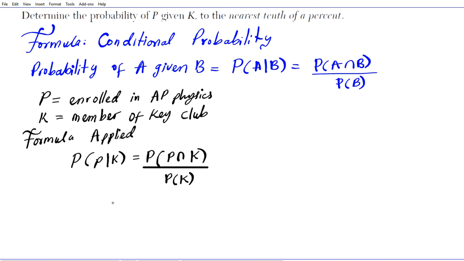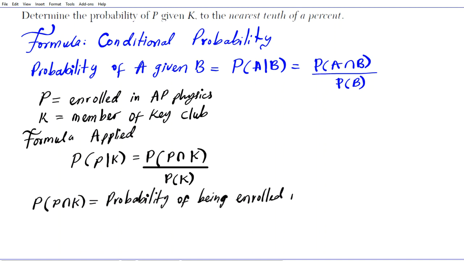Alright, so let's list what we know. We need the numerator, probability of P and K. What does this mean? Let's write it out. This is the probability of being enrolled in AP Physics and being a member of the Key Club.